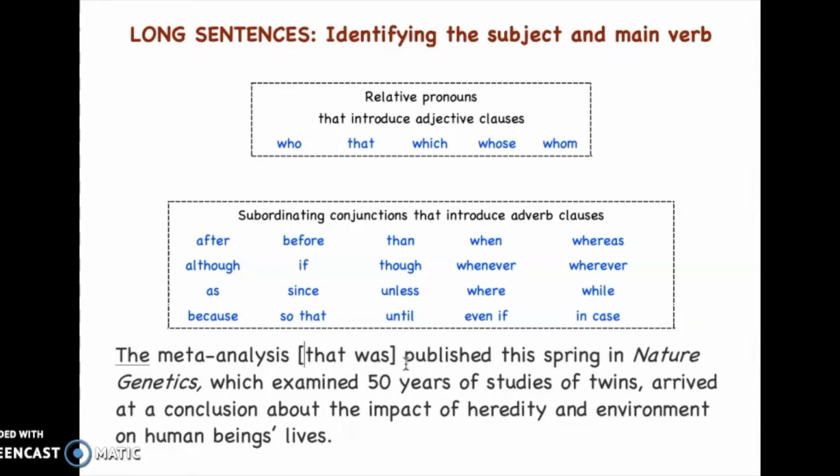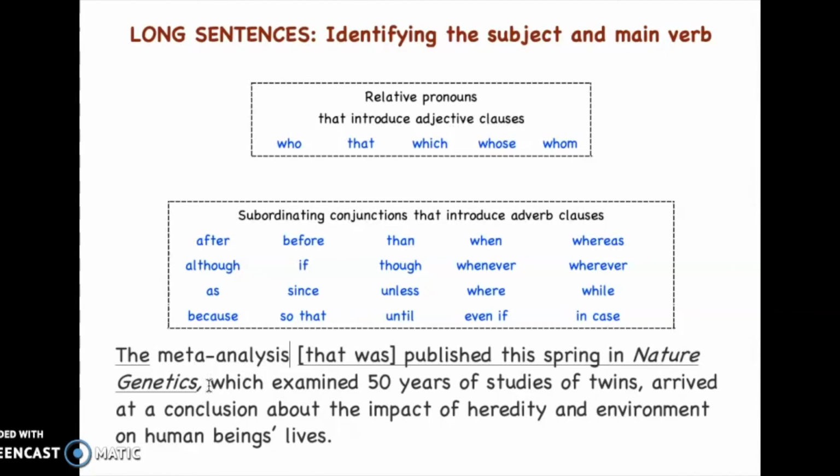It was a way of shortening the sentence. But really, this part here is telling us more about the meta-analysis. Which meta-analysis are we talking about? The one that was published this spring in Nature Genetics, which is a journal. So this whole clause here is an adjective clause telling us more about the meta-analysis, so we're going to eliminate that.